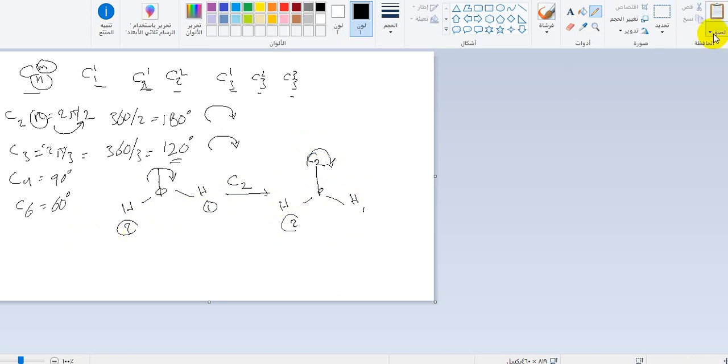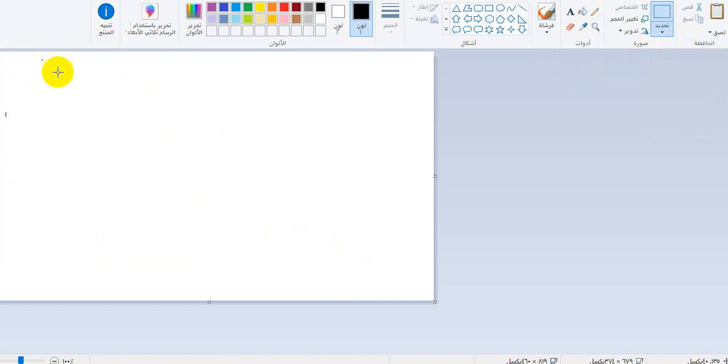Okay, C3. Take this example, boron trifluoride, BF3, with B and three F atoms. Rotating by 120 degrees gives C3^1, rotation by C3^1.